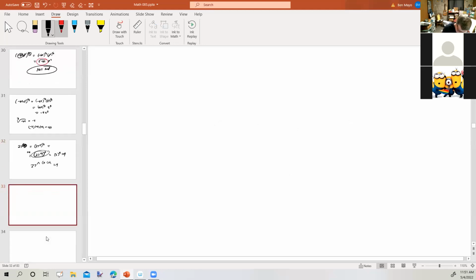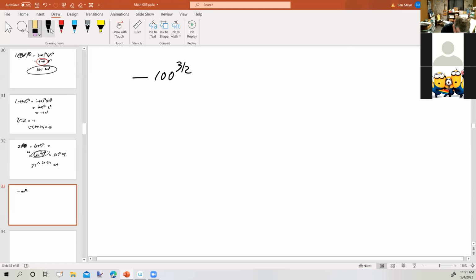How about this one? Negative 100 to the 3/2 power. Now, this is negative 100 cubed. No, it's not. Hang on. That exponent is not on the negative side. If it was written this way, then the negative would be included, but it's not.